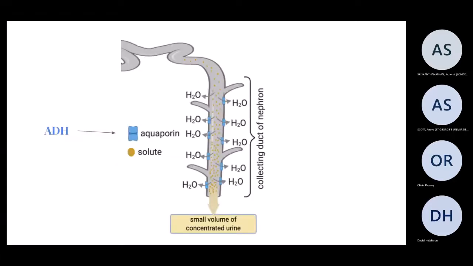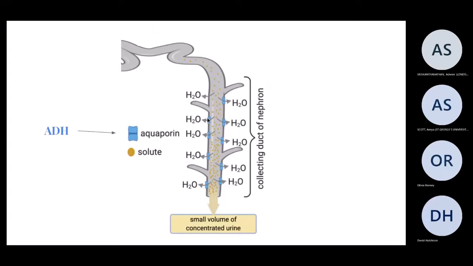And this is a diagram of what ADH does. So this powerful hormone I was talking about. When you are needing to conserve water, i.e. you've been running around in the desert for 10 hours without any water, which is a very silly thing to do, you will get ADH acting on your kidneys, which is this hormone that inserts these aquaporin channels into your collecting duct.